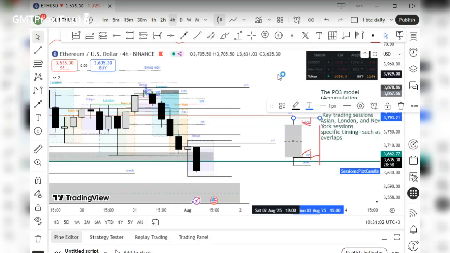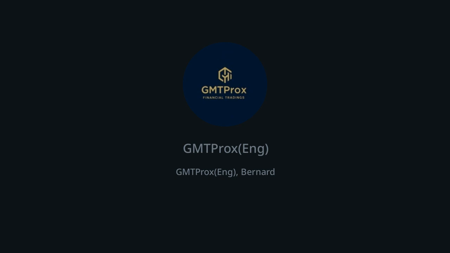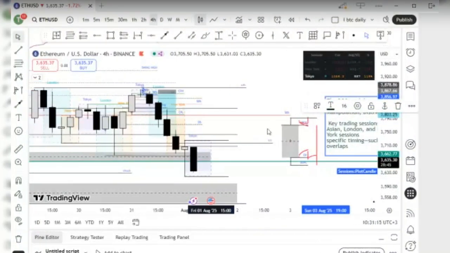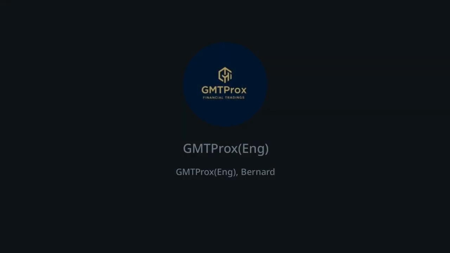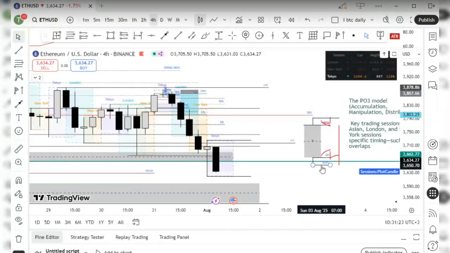Perfect. So now you have understood how to identify highs and lows for a bullish candlestick. We have the opening price, the opening price low, the closing price, and the closing price high. This is the range.